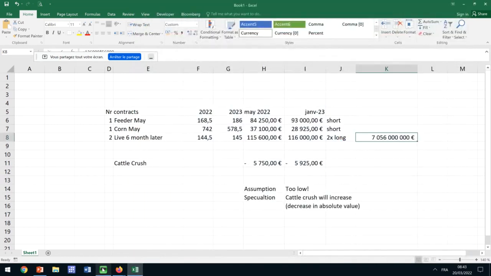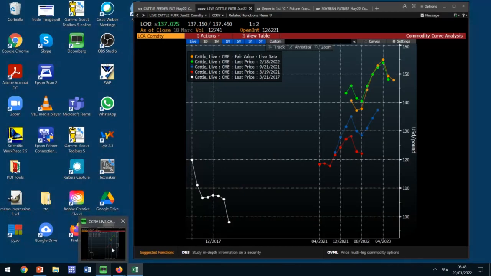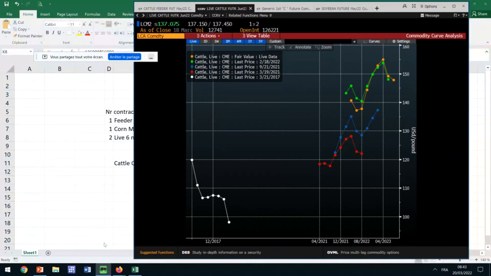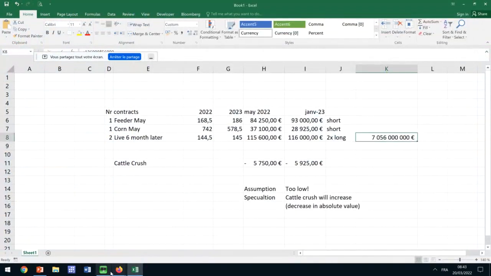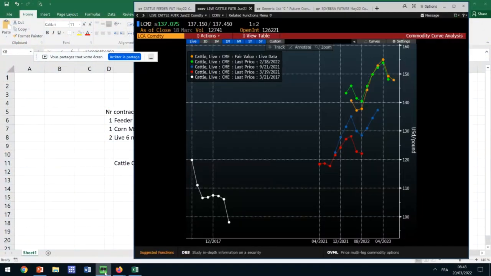So this is just the principle. You can see how you can refine the analysis to figure out more precisely what should be done and what is the trading position that will help us make money if the farmers are supposed to react to these price signals.